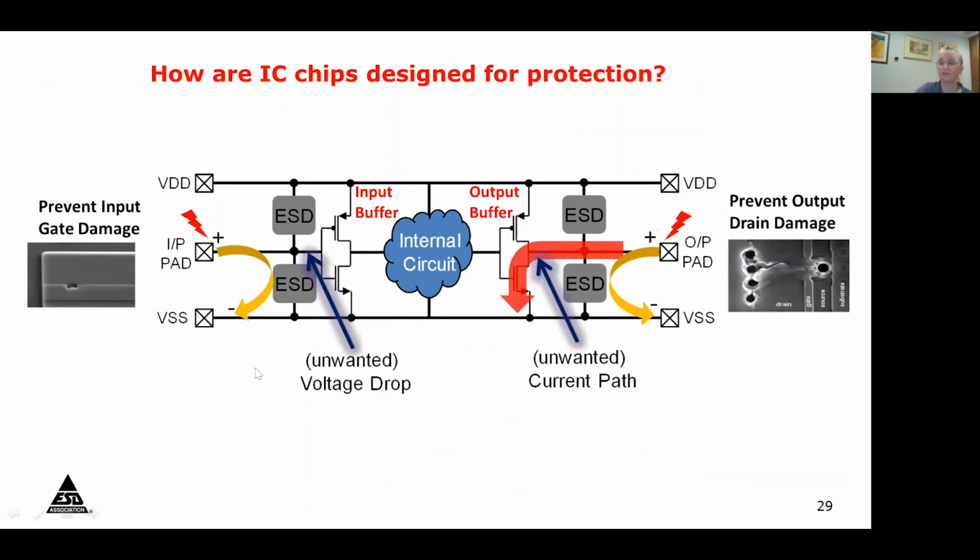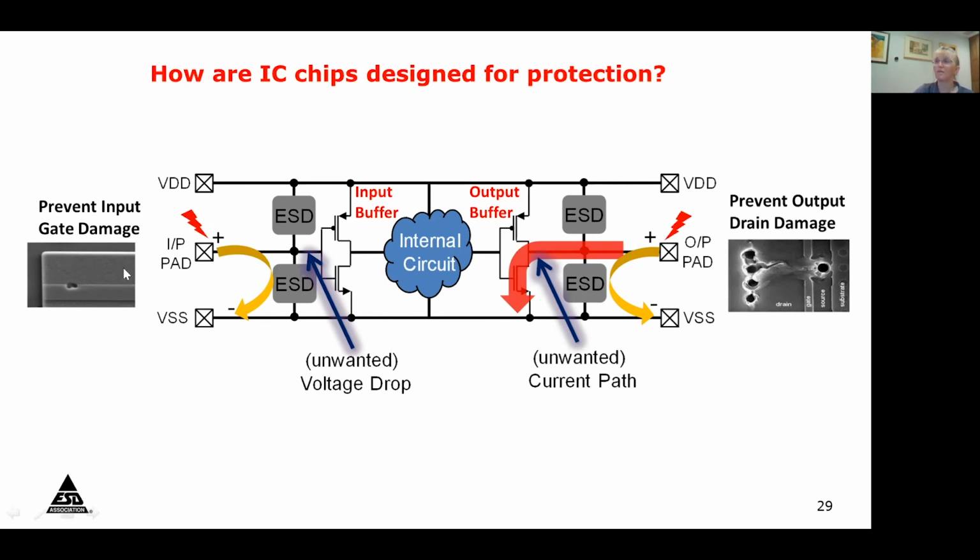So how are chips designed for IC protection? This is not intended as design advice, just in terms of concepts. Between every two pins, we need to have a defined safe ESD path.